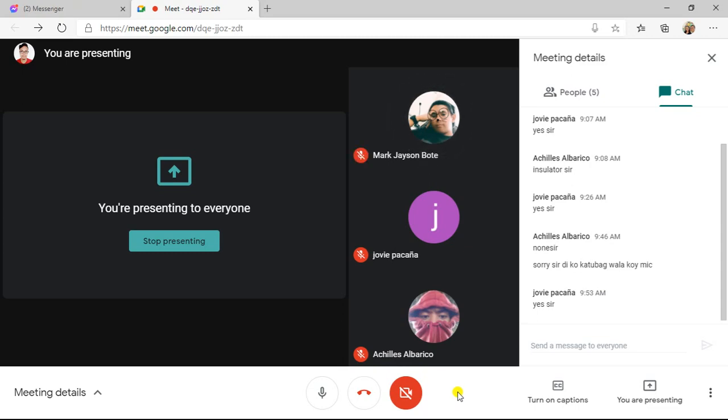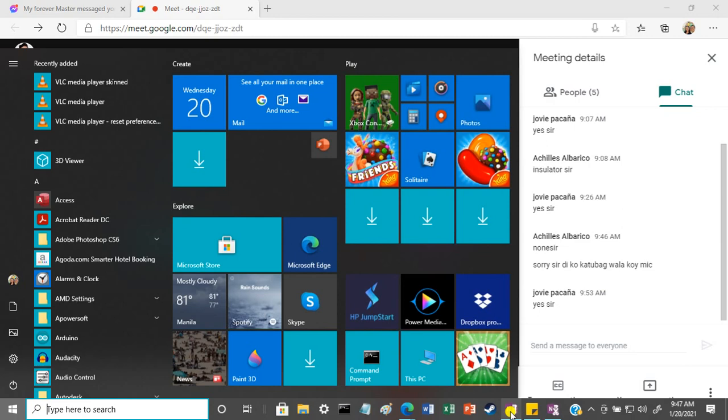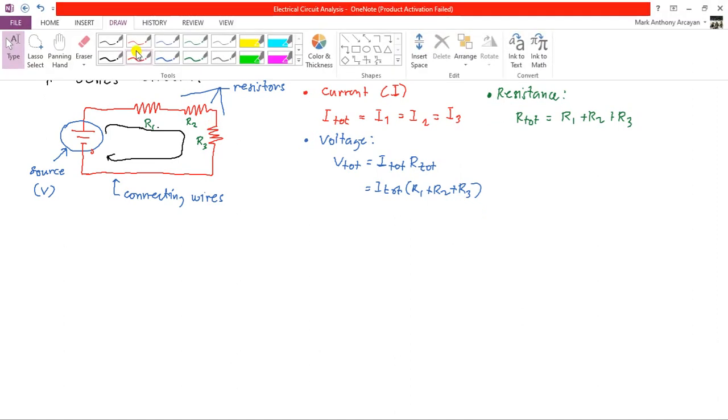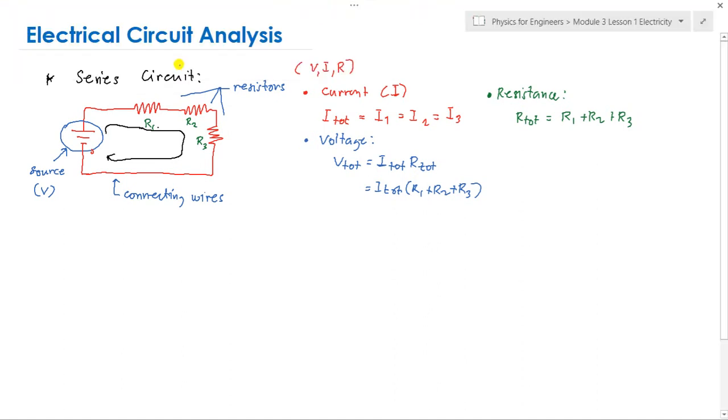Okay, you haven't encountered this since senior high, so you may have forgotten. Okay, so what is the derivation? Total voltage is I total times the total resistance. We all know that the total resistance is just the sum, so I substitute it here.